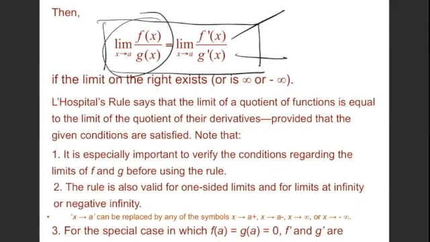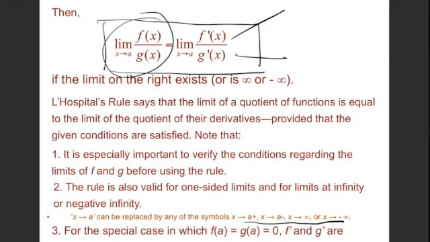It is important that you verify the conditions regarding the limits of f and g before using this rule. The rule is also valid for one-sided limits and for limits at infinity or negative infinity. Okay? It also works as x approaches a from the positive side, x approaches a from the negative side, as x approaches infinity, as x approaches negative infinity.